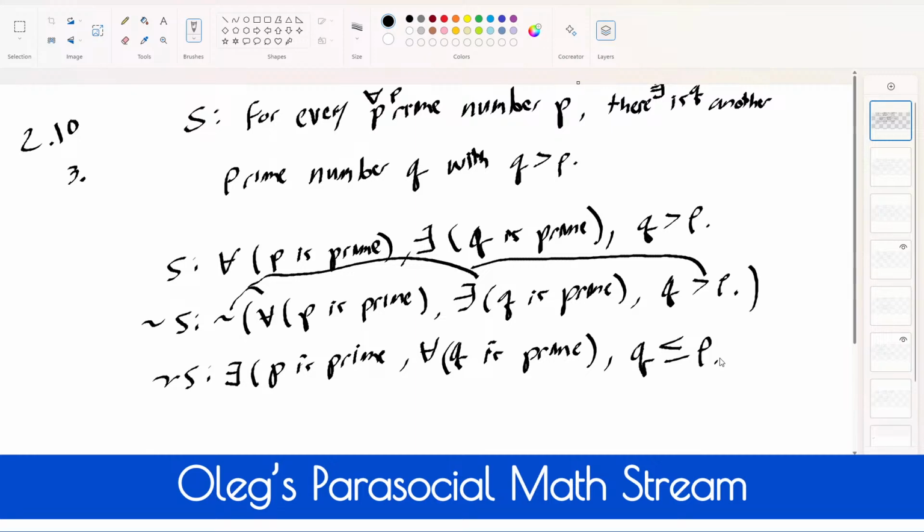But if it's equal to 3, that's also not greater than 3. So we're going to keep the equivalency there. All right. So let's read what we got so far. I think we're getting somewhere. All right. The negation is: there exists a prime number P such that for all prime numbers Q, Q is less than or equal to P.